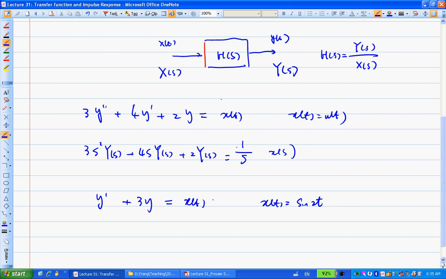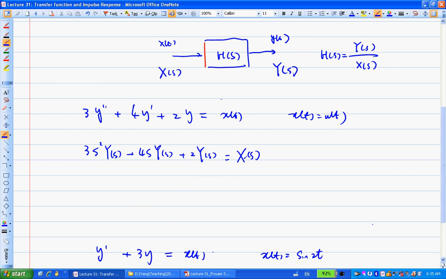You probably would need that in the next step, but for the time being, if I'm looking for the transfer function, all I need to do is change the small x to capital X, and the corresponding t to s, that's the Laplace transform. And then look for the ratio of the output over the input.